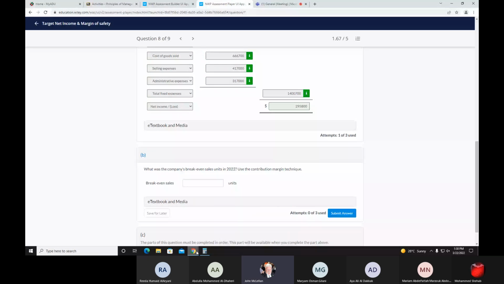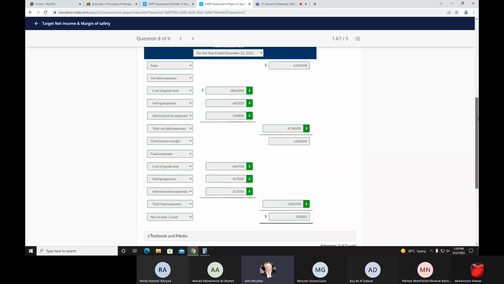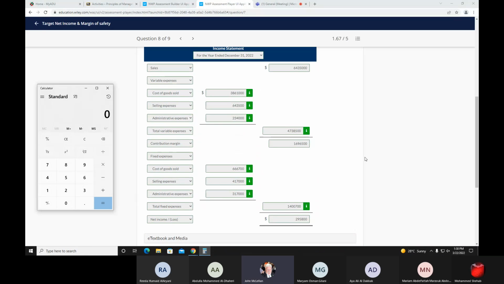I need the contribution margin per unit. And I divide by, that's the ratio.